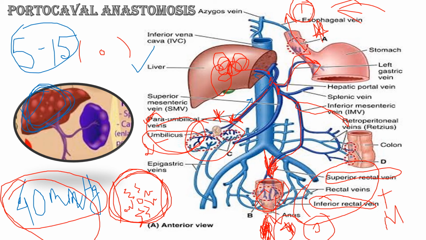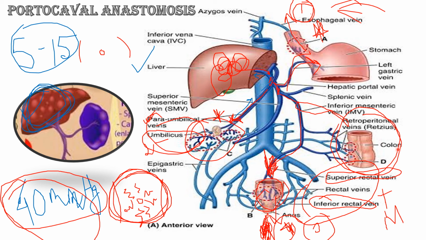Next, you have the posterior abdominal wall. That is the veins of the retroperitoneal organs. Like you have the duodenum, the ascending colon, the descending colon, which are there in diagram D. See, this is the retroperitoneal vein. This is from the colon, right?